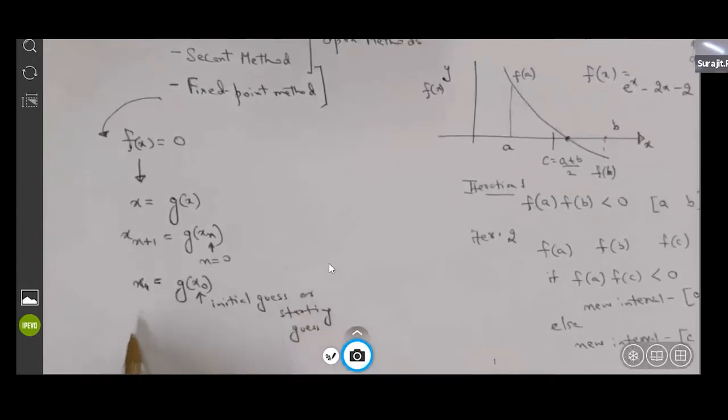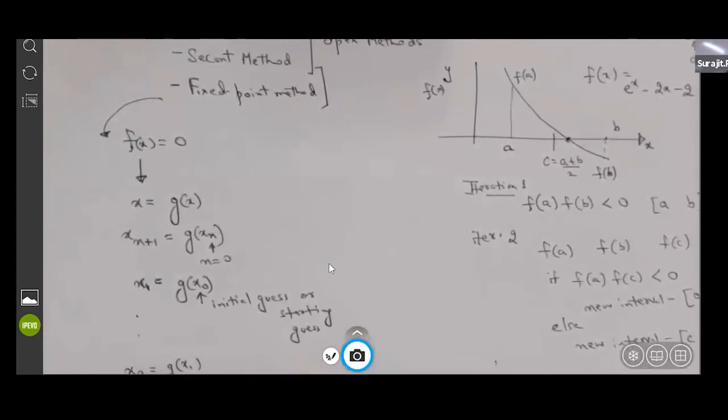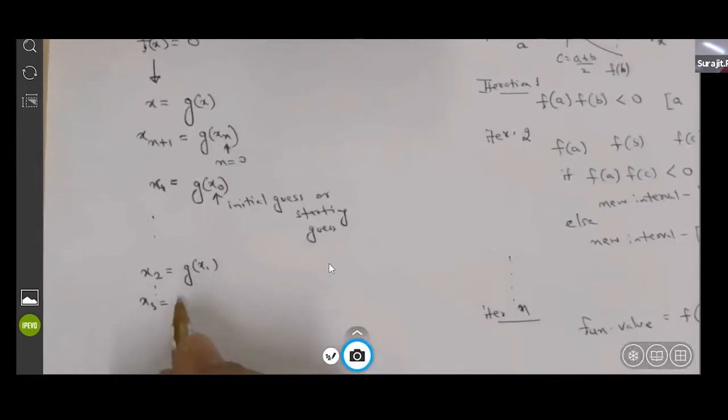Likewise, you keep on doing several iterations. You say x of 2 is g of x of 1, x of 3 is g of x of 2, and so on and so forth.